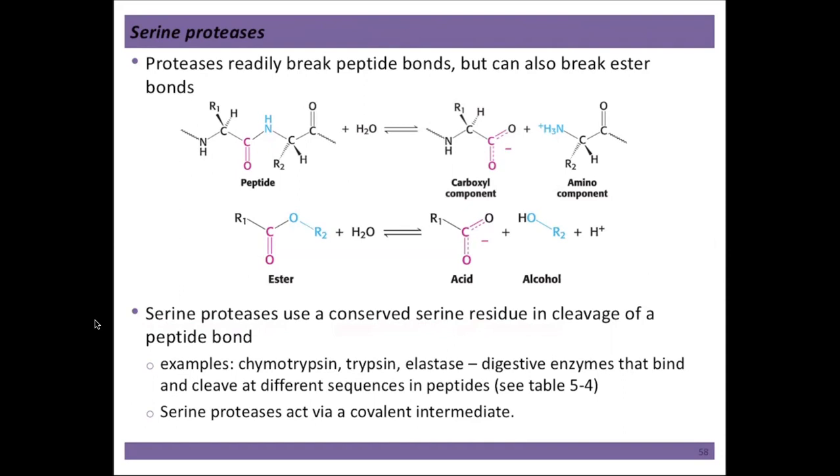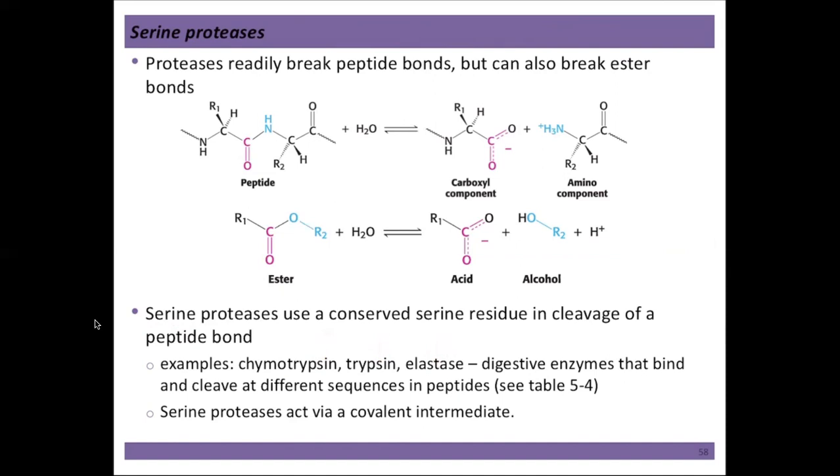You can imagine if we want to digest protein, we need to break peptide bonds, and so these are enzymes that break down peptides. Now, I'm going to give you a little bit of a conundrum here. If these enzymes are proteins, and they digest proteins, won't they digest themselves? Can a chymotrypsin cannibalize another chymotrypsin molecule?